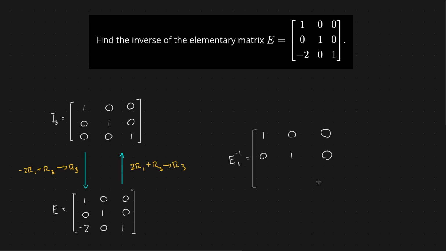And then in row 3, I'm going to get 2, 0, 1. If we apply this elementary row operation to the identity matrix, this is the matrix we get. And so that will be the inverse of my original elementary matrix.